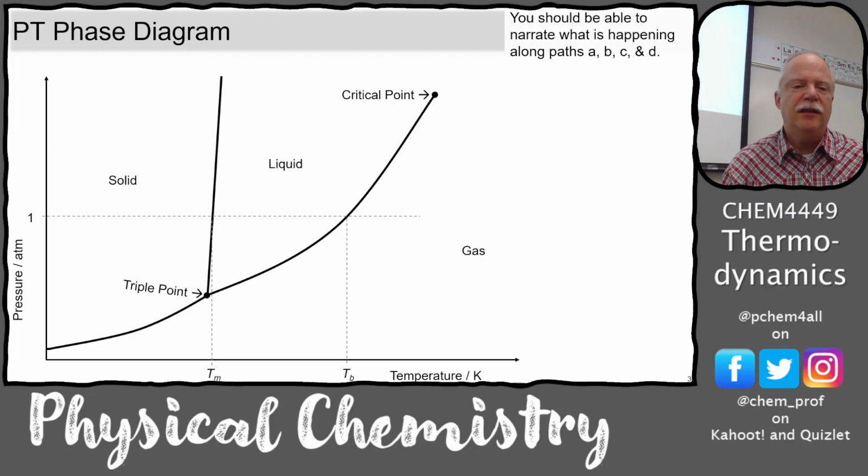So look at the axes. We still have pressure on the y-axis. Temperature now is on the x-axis. We have 1 atmosphere labeled on there. And so we could come across there, since we typically deal with 1 atmosphere of pressure, where you have the solid-liquid equilibrium. That's the melting point, the normal melting point. So Tm, the normal melting point.